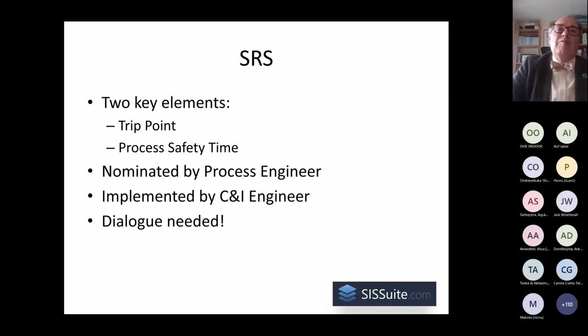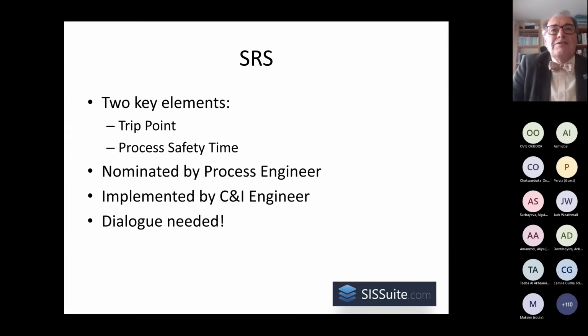And because of the additional weight, they've had to revise the support steel engineering. Whereas if they'd gone back to the process engineer and said, this safety time you've specified, how critical is that? They may well find that he said, oh, that's quite conservative, and you can quite easily knock 10 seconds, 30 seconds, whatever it might be, off that specification.